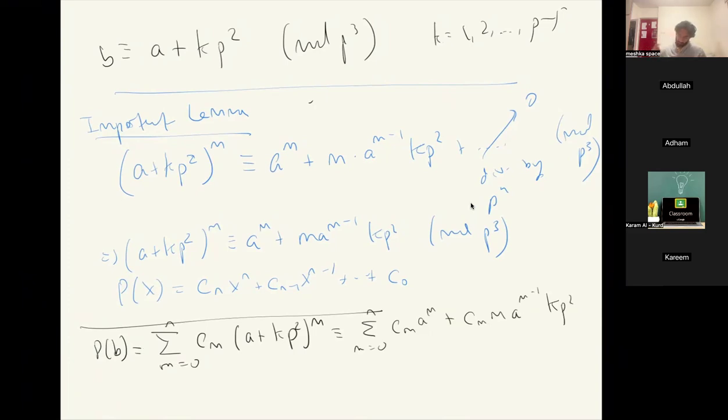The first term, summed over m from 0 to n, is just P of A. Then in the extra term, we can pull out KP squared, times the sum over m from 0 to n of Cm times m times A to the m minus 1.